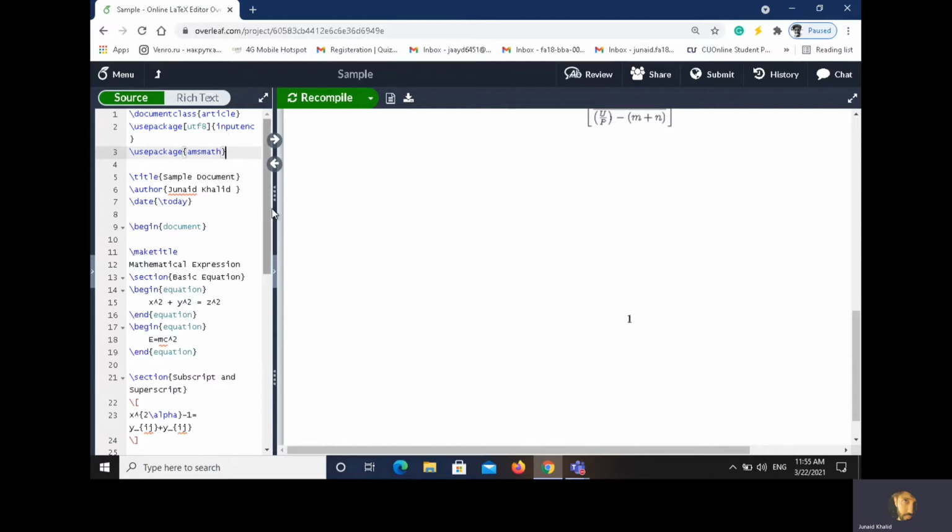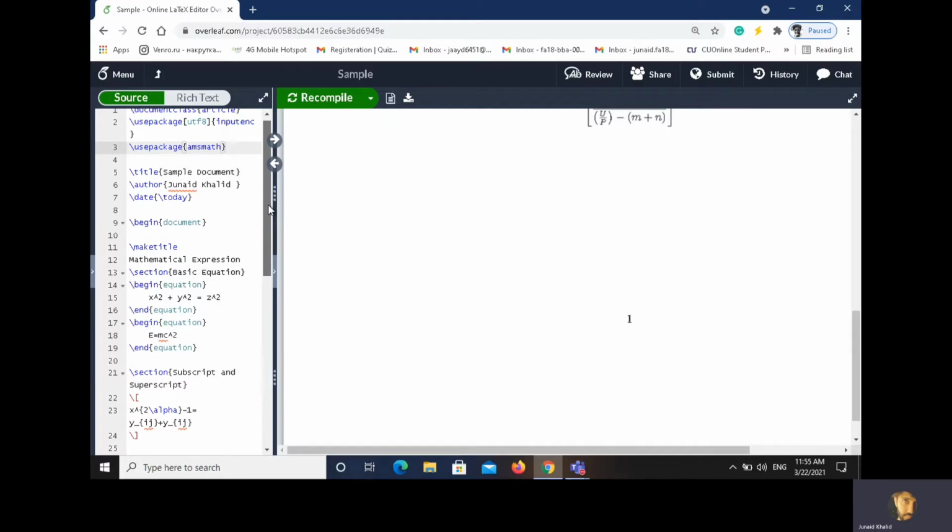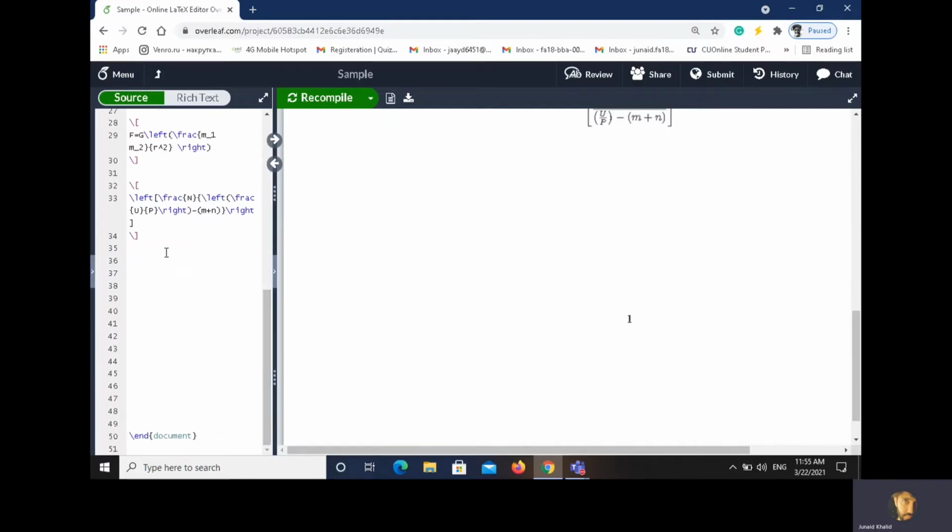So as it is loaded, now writing section matrices and control enter to compile. So here it is, matrices.